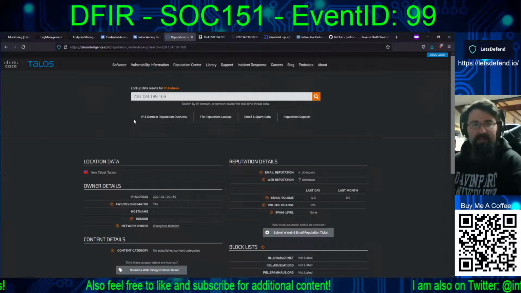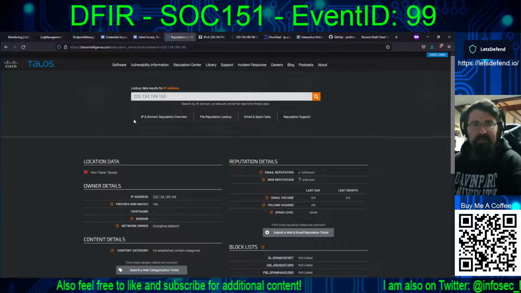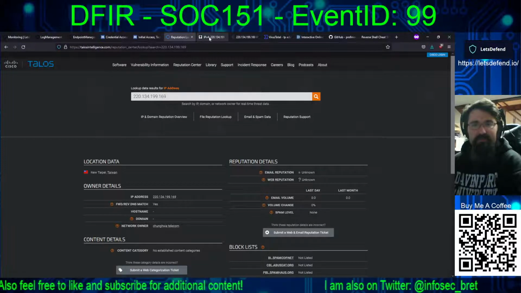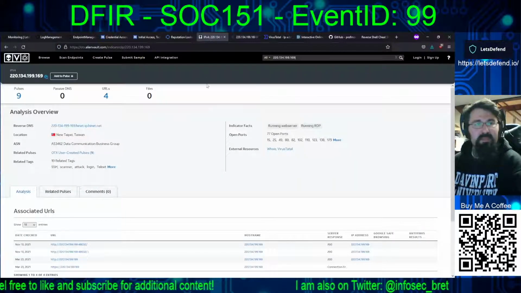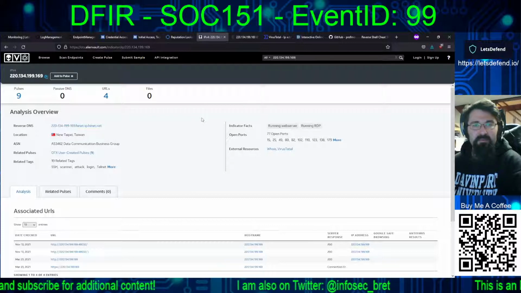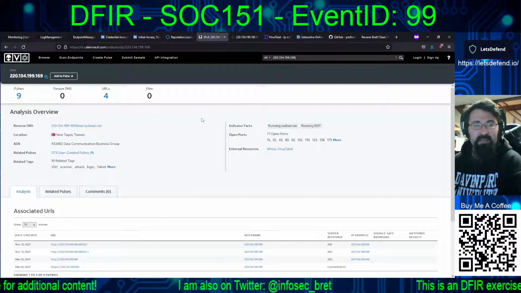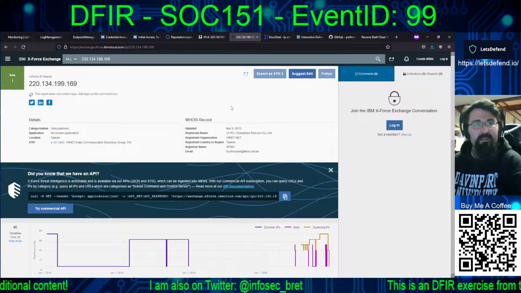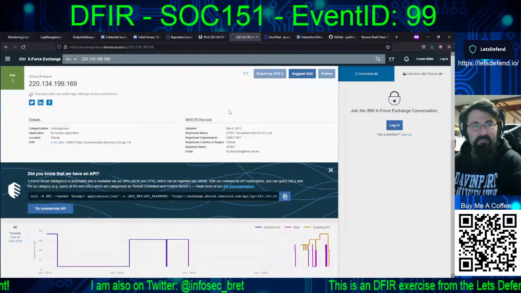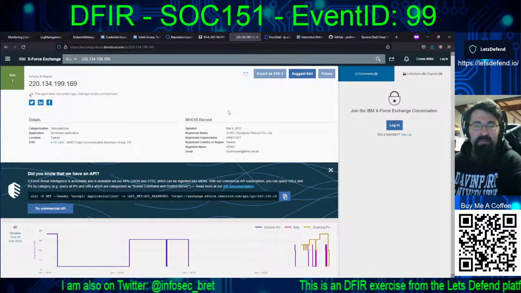So apparently the 220 IP address is Taiwan. Talos gives it pretty much an unknown. AlienVault has it down as a scanner. IBM X-Force has it primarily as unsuspicious with no known applications.